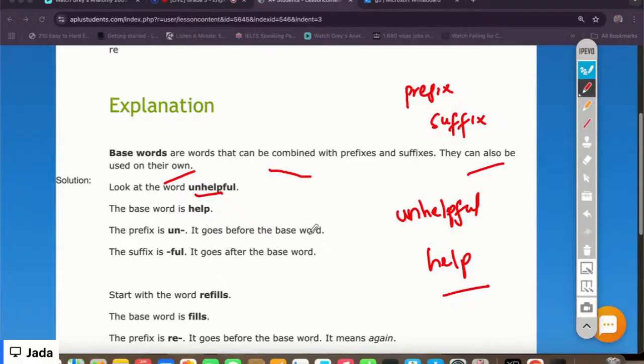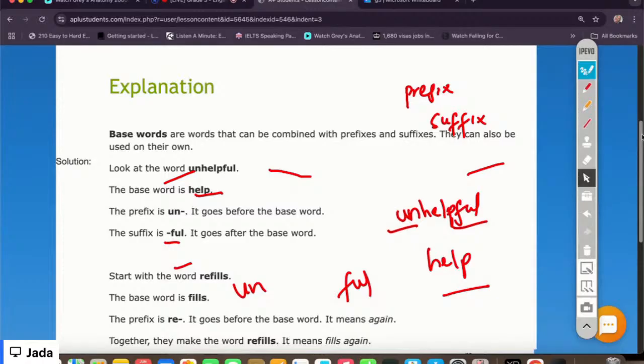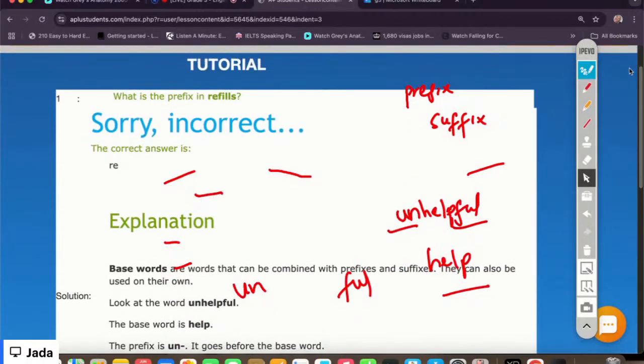Now, un goes before the base word, so this is the prefix. And then ful goes after the base word, which is what? The suffix. So the suffix is ful and un is the prefix. So even without the prefix or the suffix, help is already a word. That's what we mean when we say base word.